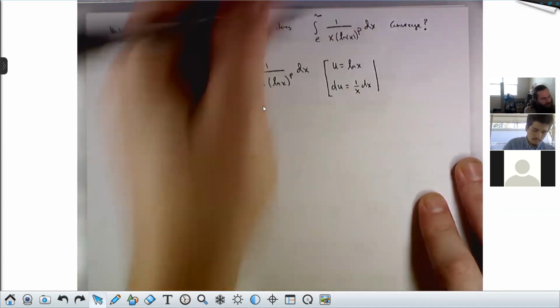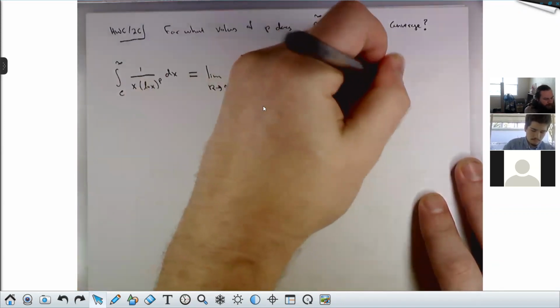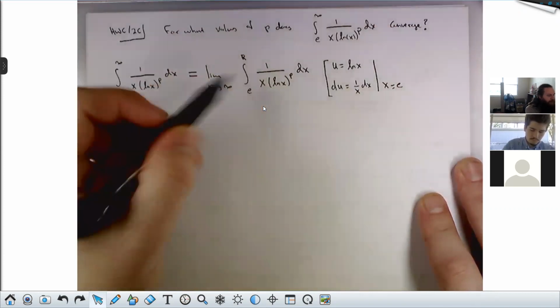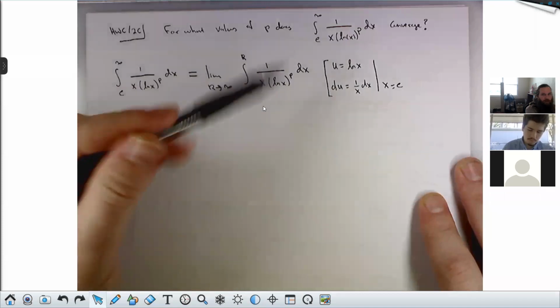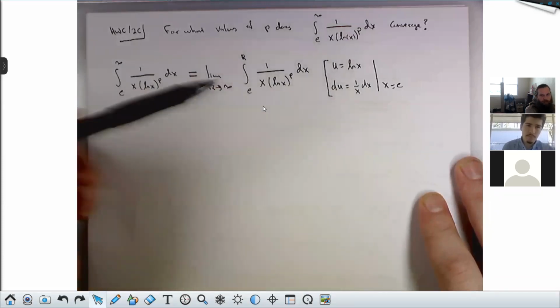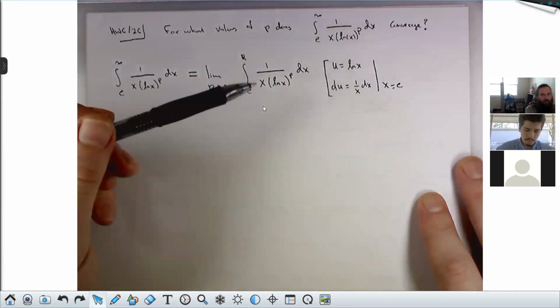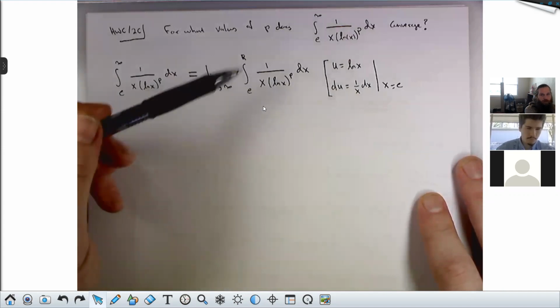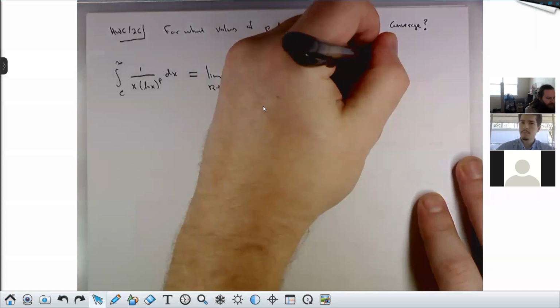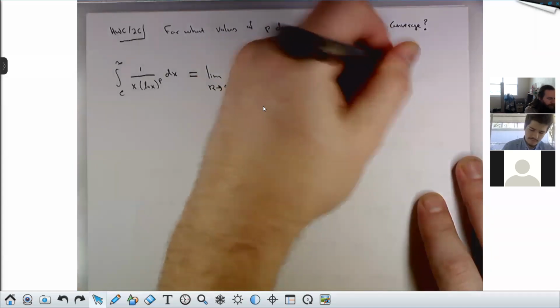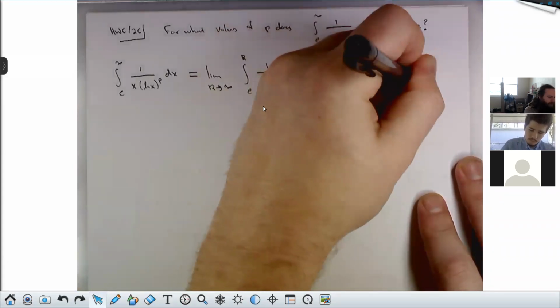The other thing I need to do is change my bounds, and I need to be really careful about this. So you can't make this substitution until you've written this as a limit. That's something we talked about last week, right? U sub, IBP, all that only works for Riemann integrals. And until you rewrite it as a limit, you're not actually looking at a Riemann integral, which means your upper bound here has to be an r.